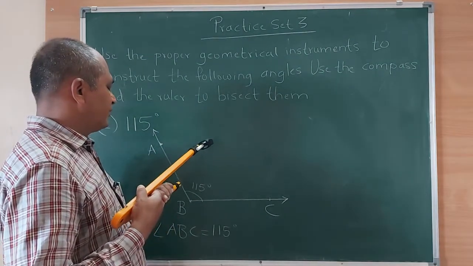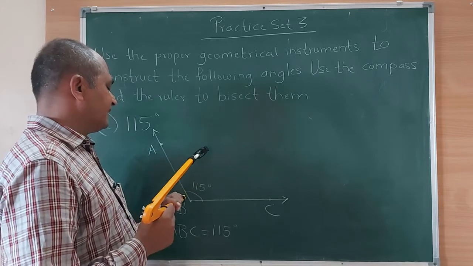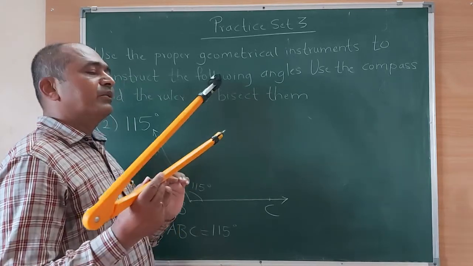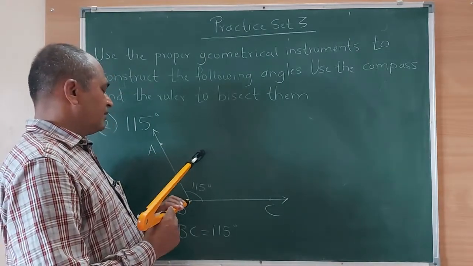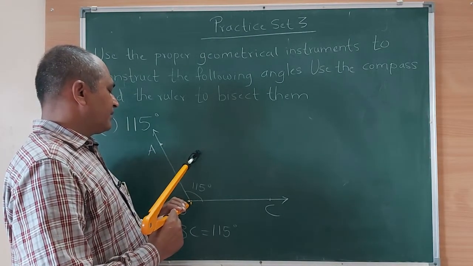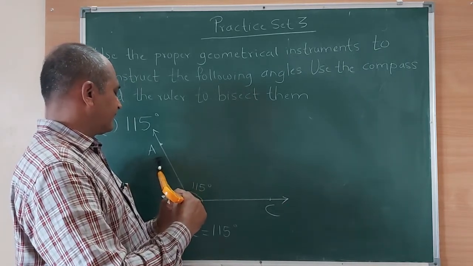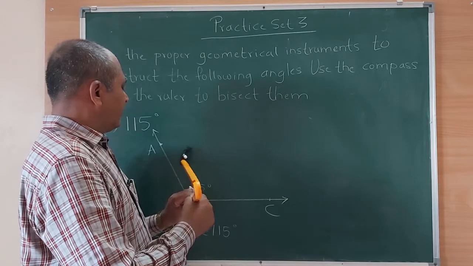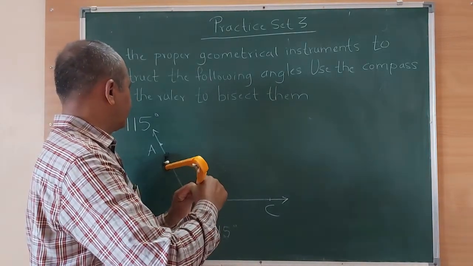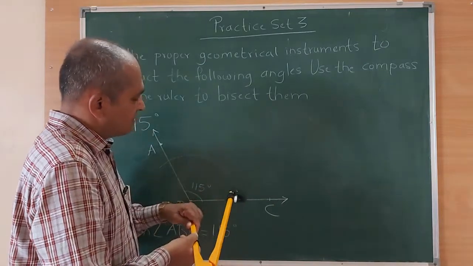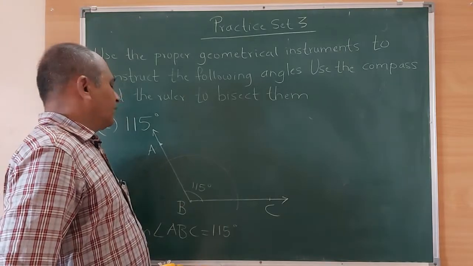Now I hope you have become very familiar with how to bisect angles. So taking a convenient distance, put the tip of the compass on the vertex of the angle and draw an arc which cuts both the arms of the angle.